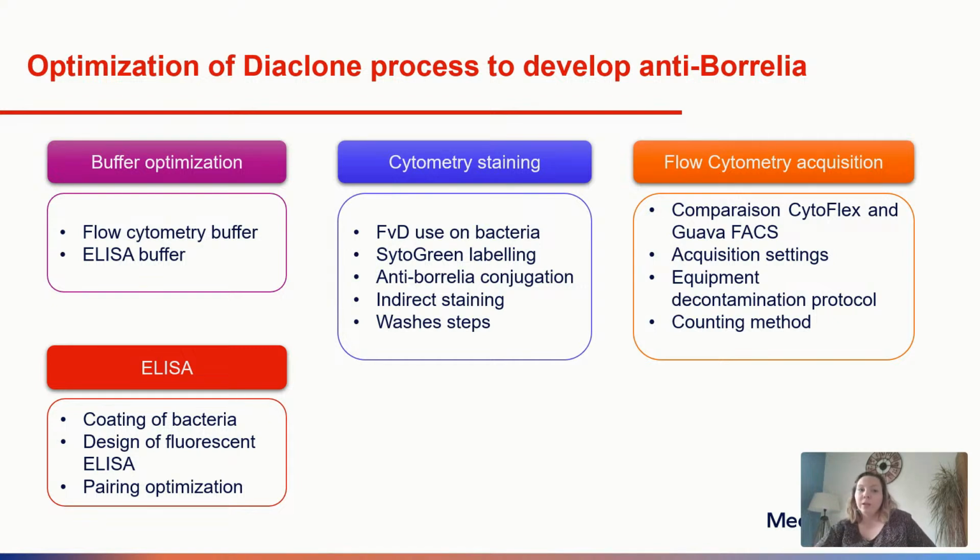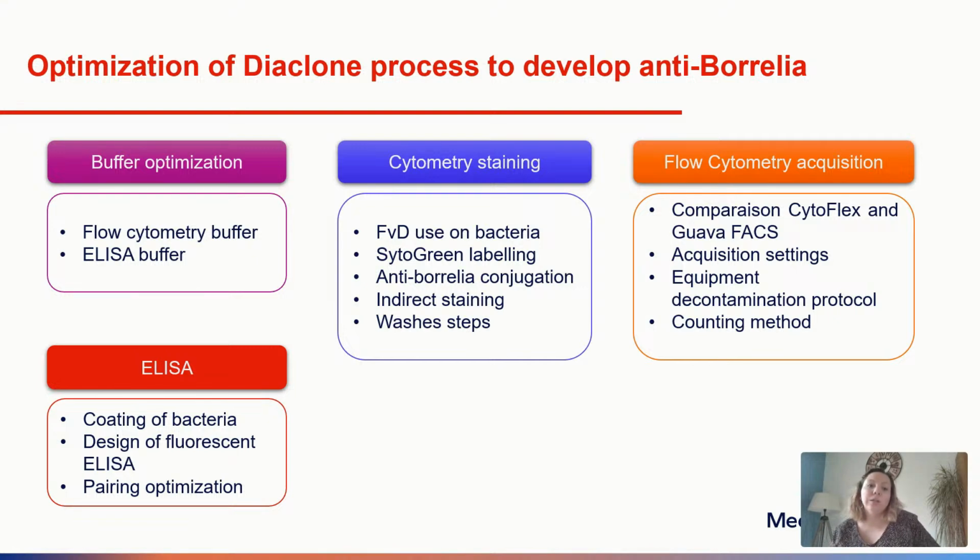For sample acquisition, a comparison was done between two different pieces of equipment. The major difference between both is the fluidic system. The decontamination protocol and acquisition settings were optimized for this project, which has not been necessary for other antibacterial development projects.